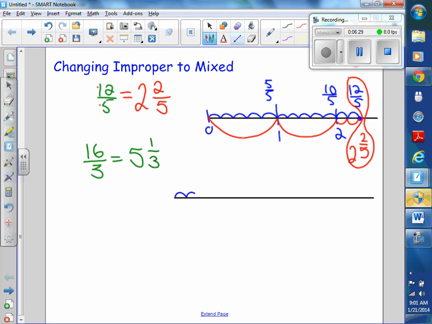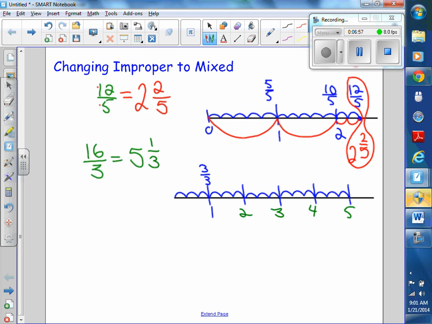And again, if you need a little visual to go with that, we did thirds. Every 3/3 makes a whole. So 1 whole, 2, 3, 4, 5 wholes.